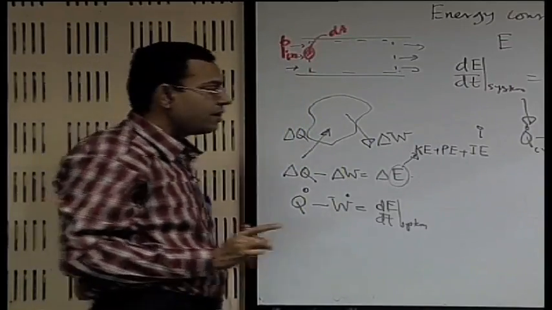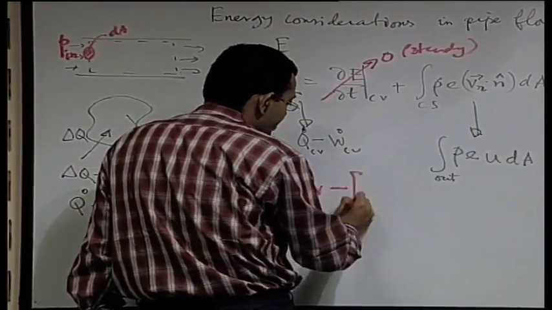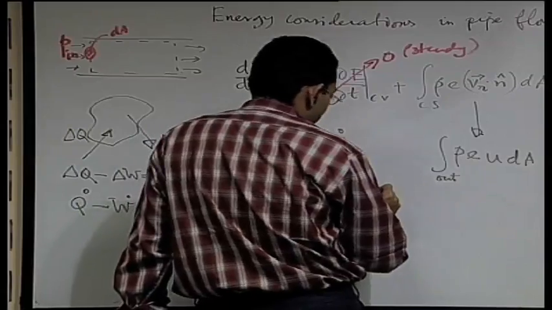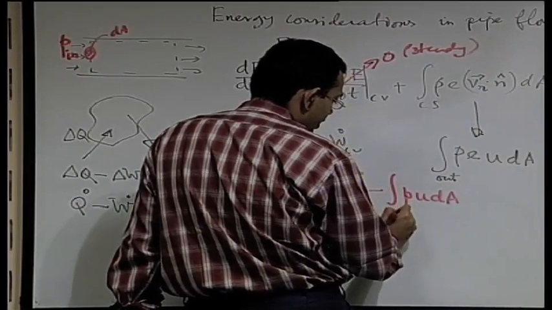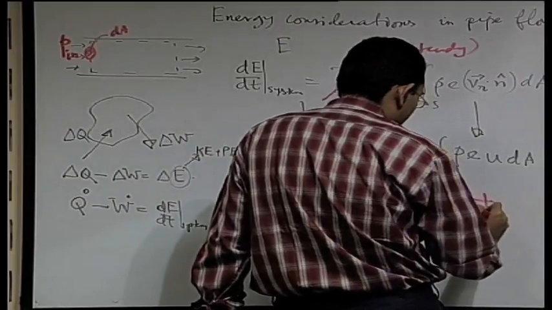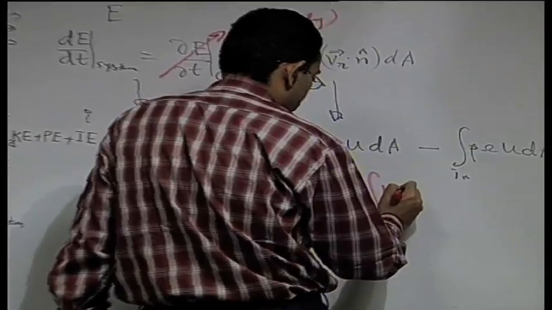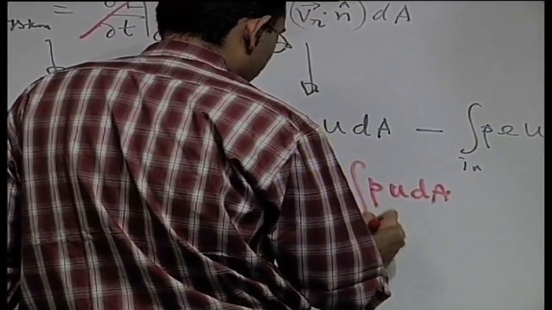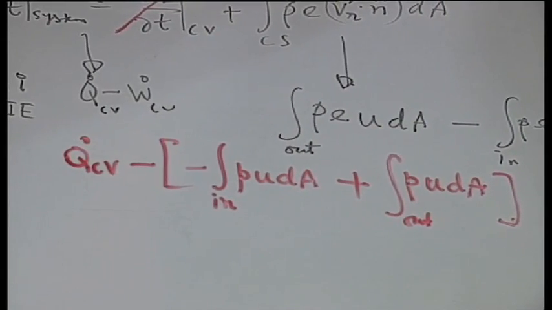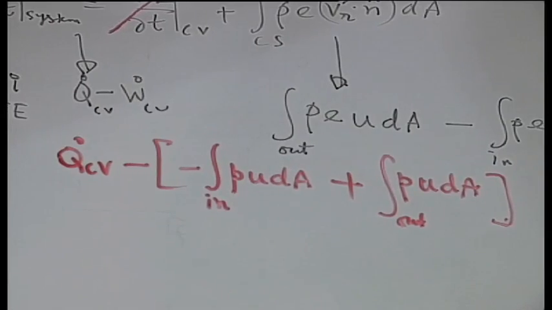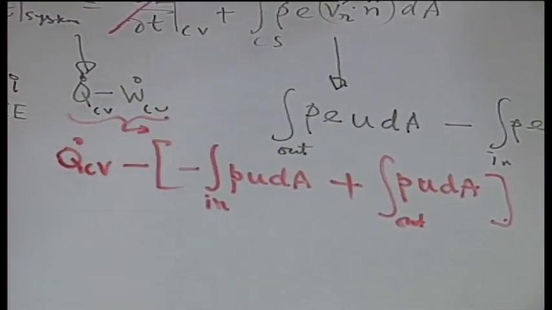So you have q dot minus integral of P u dA for the inflow, and for the outflow it will be plus. Okay, so that is the left hand side expression that we have.